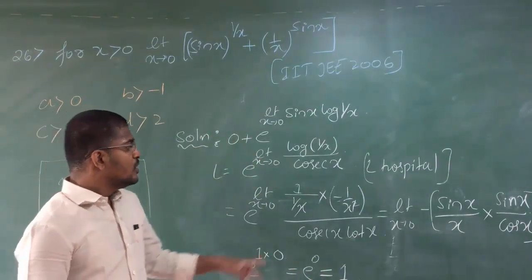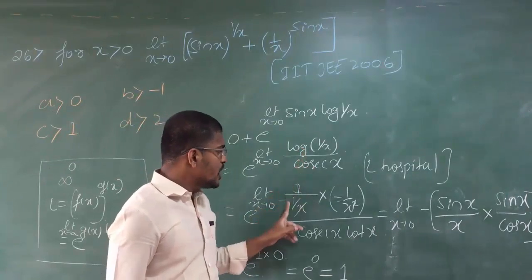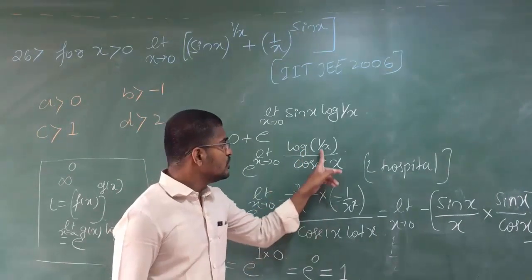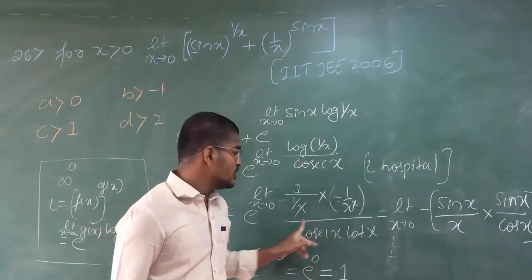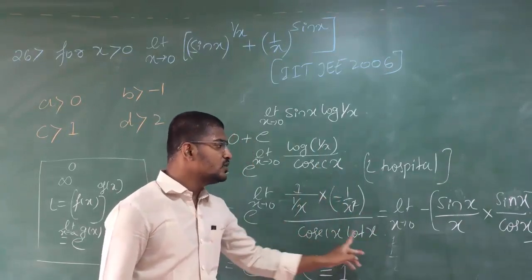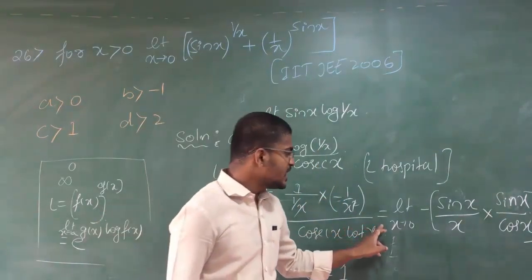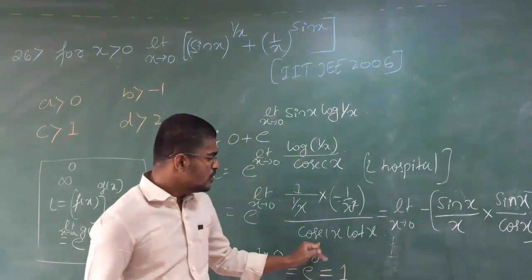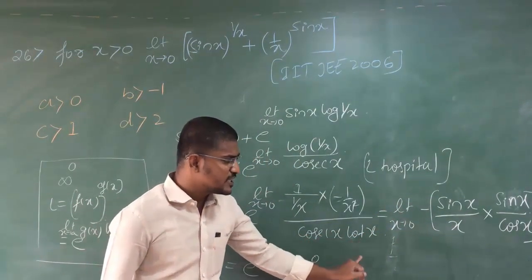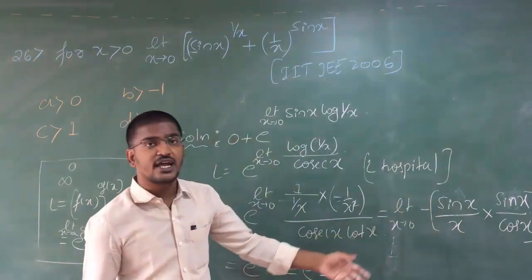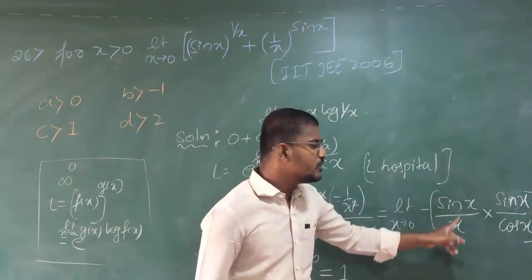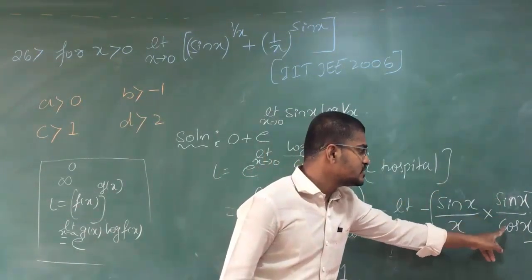Clear? If I differentiate this, 1 by x into minus 1 by x square divided by cosec x into cot x, that is equal to the limit extending to 0 of 1 by sin x, cos x by sin x. If I simplify that, it will be sin square by x into sin x, tan x.